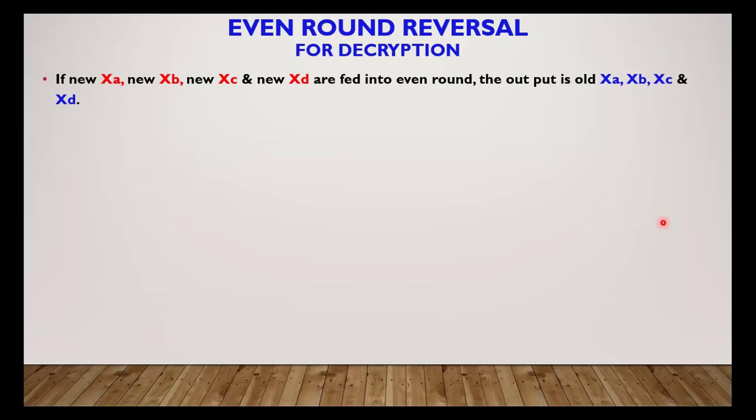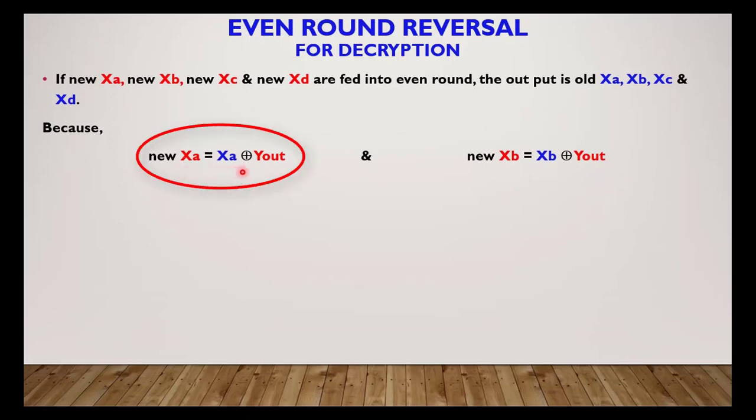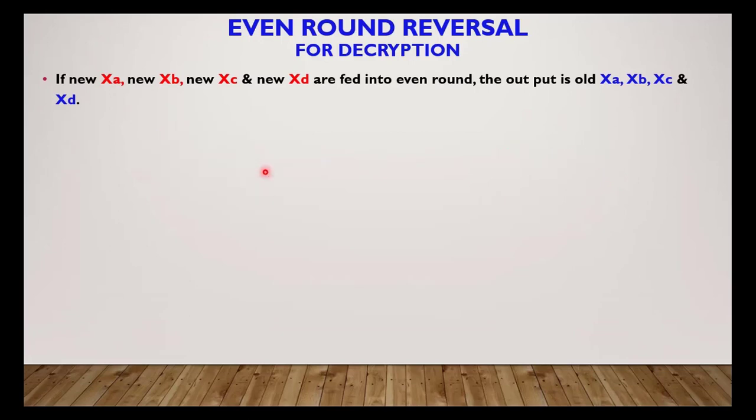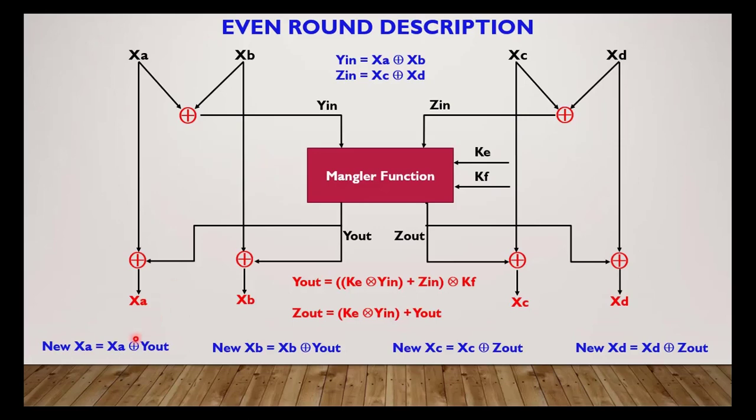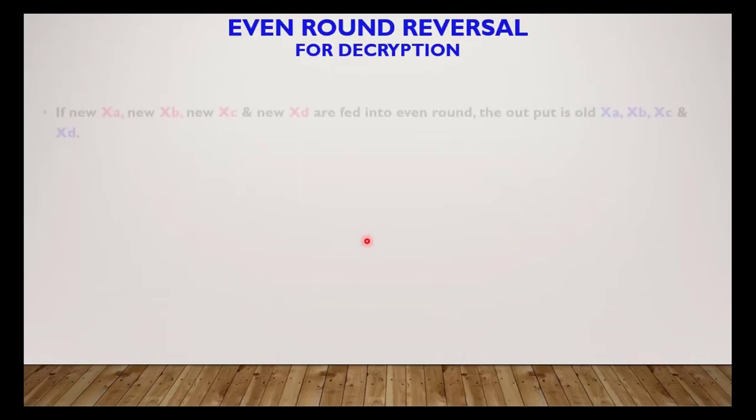That is for the decryption process. If we apply new XA, new XB, new XC, and new XD, you should get the result as old XA, XB, XC, and XD. For that, we see that the new XA is equal to XA XOR Y out, that you can see from the previous diagram. New XA is the XOR operation between XA and Y out. It is very much clear from this diagram.